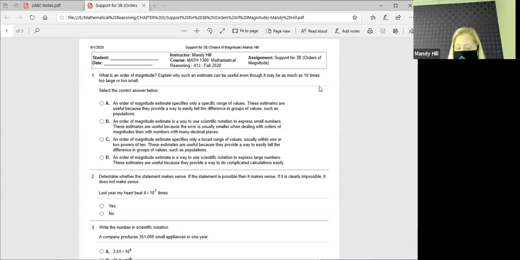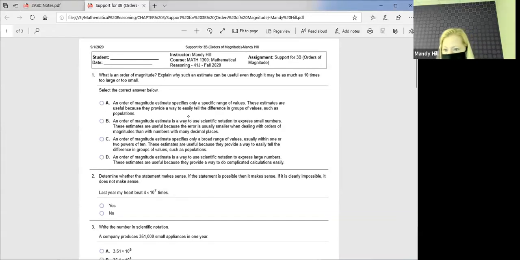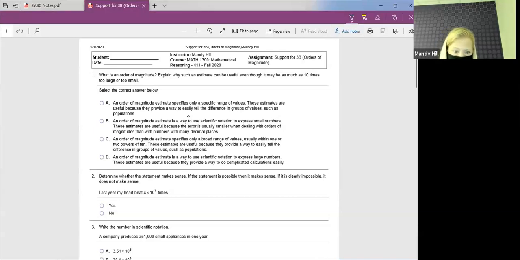Explain why such an estimate can be useful, even though it may be as much as 10 times too large or too small. Well, for the support part, I'm going to be teaching on this in just a minute. But for the support part, the definition is going to be, the right answer is C. An order of magnitude estimate specifies only a broad range of values, usually within 1 or 2 powers of 10.